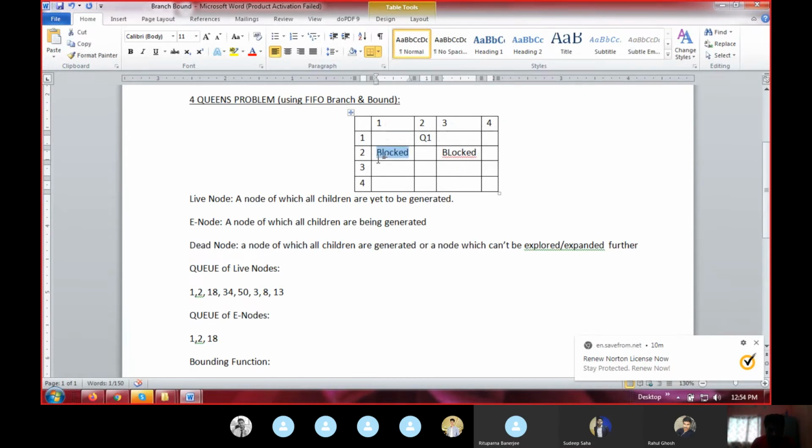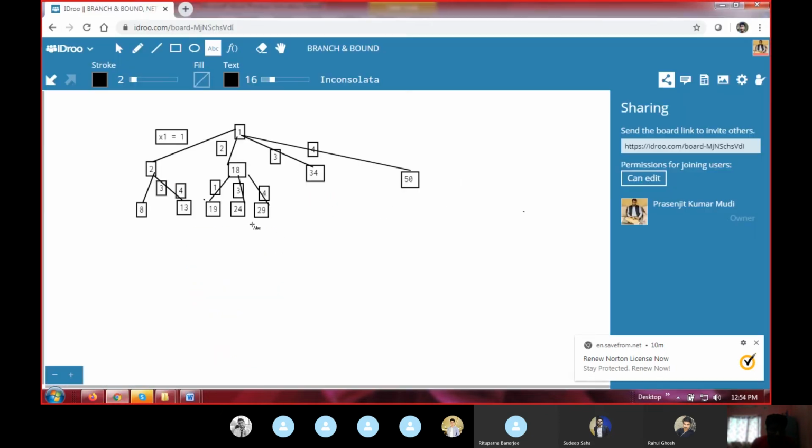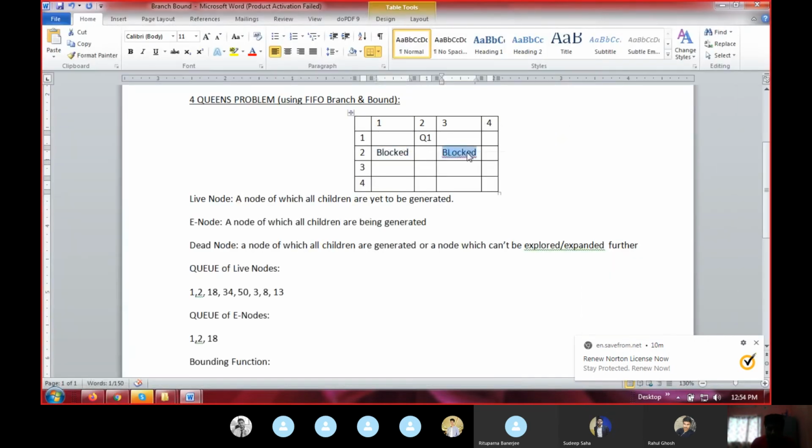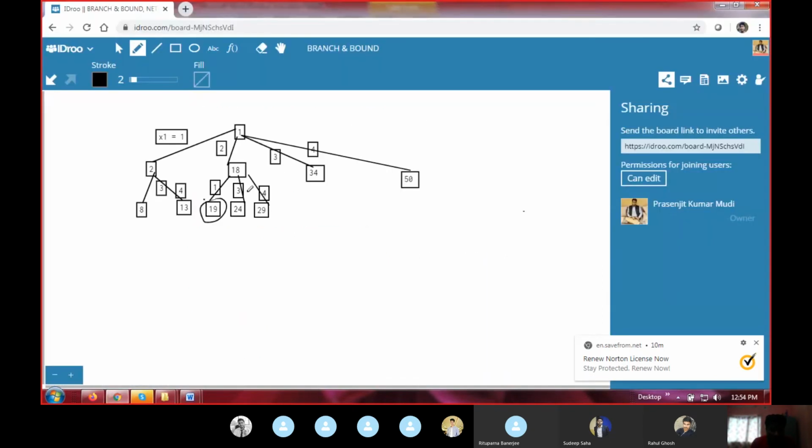So this position corresponding to node 19, and this position, which is x2 equal to 3, means this one. Both node 19 and 24 are violating the bounding function. That's why they are also deleted. Okay, so this is the tree construction so far as per the BFS branch and bound.